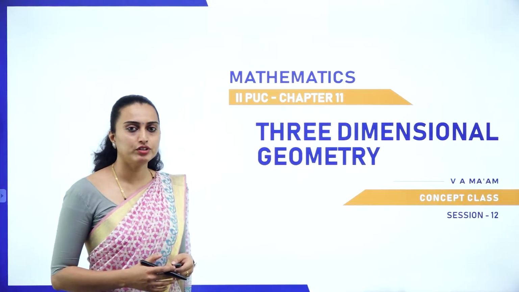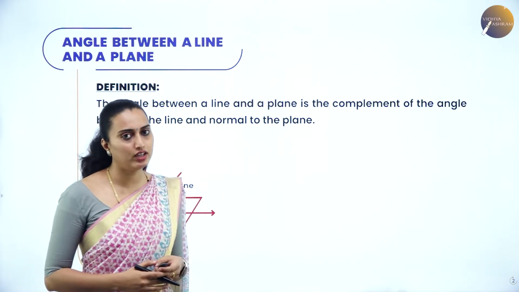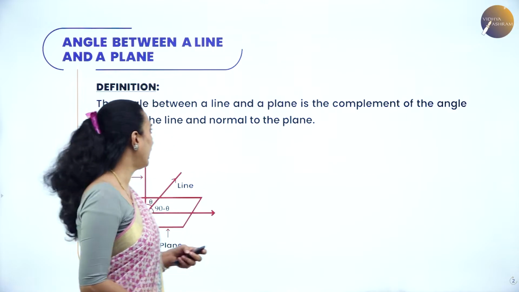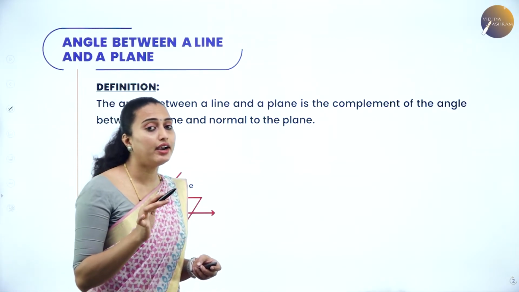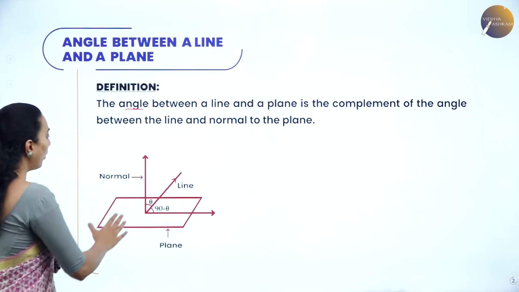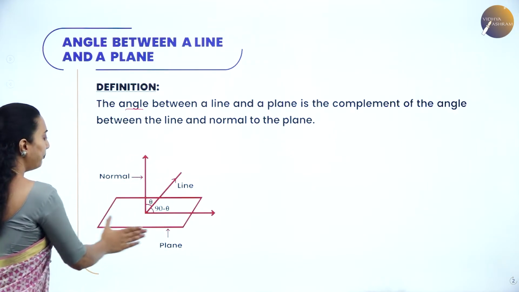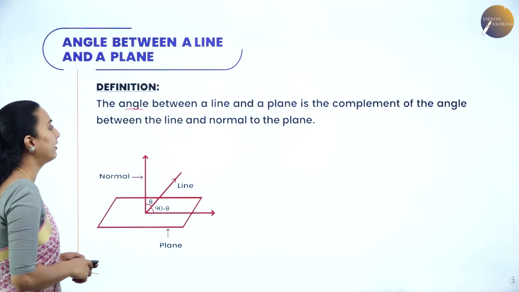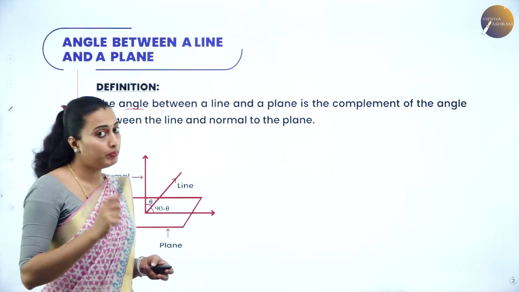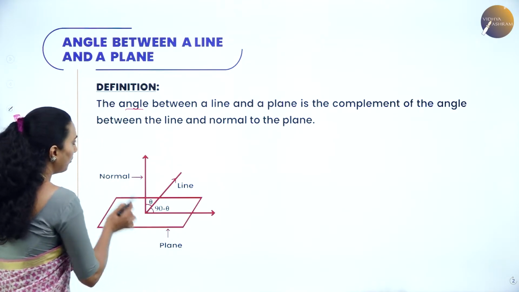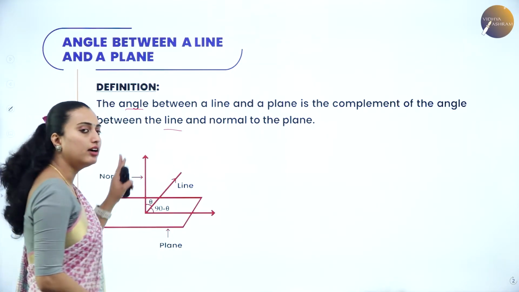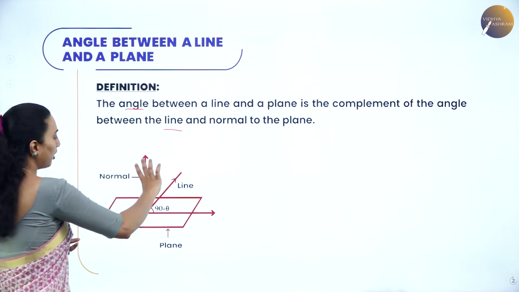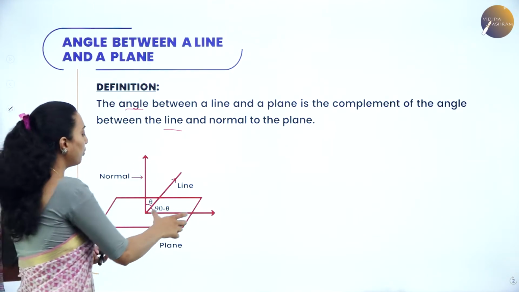We'll move on to the definition of the derivation first. Here I have taken the angle between a line and a plane. As you can see in the diagram, it is the complement of the angle between the line and the normal. This is the normal to the plane, and this is the line.